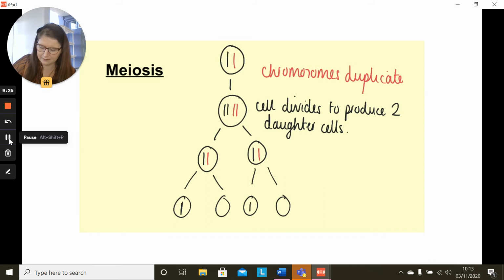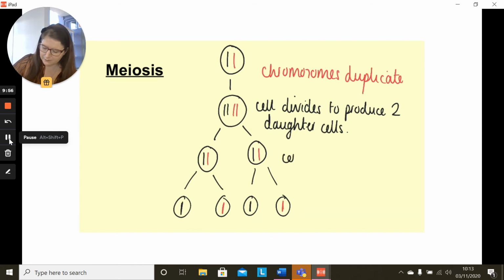And what we will find is that these daughter cells end up with half the number of chromosomes compared to the mother cell. As you can see, I've got 1 in all of my daughter cells. We've got 4 daughter cells, and it's half the number in comparison. So in meiosis, the sperm and egg cell in humans only have 23 chromosomes. They've got half the number of what all of our other cells do, because we have 46.